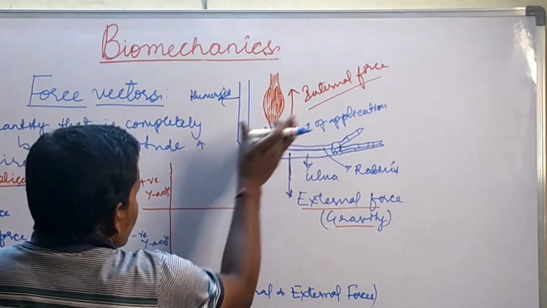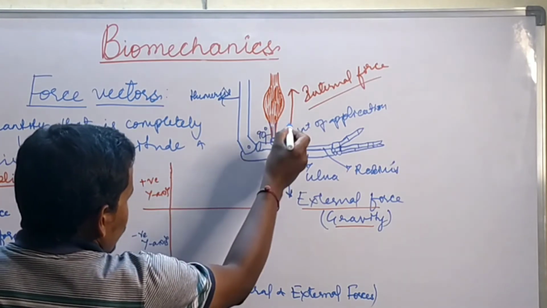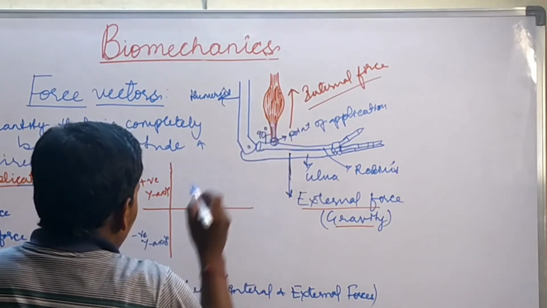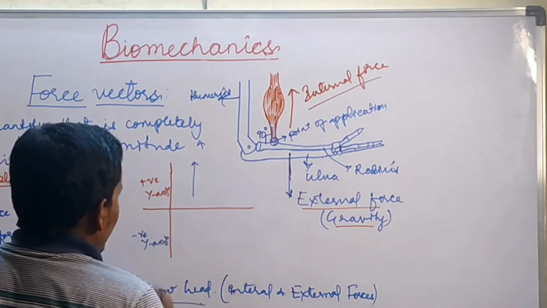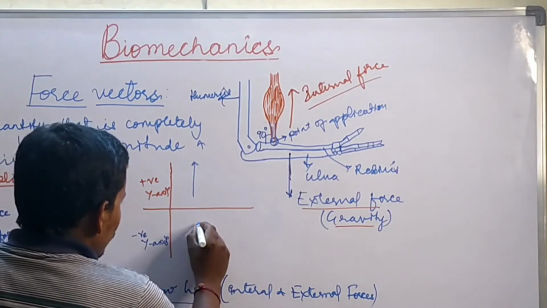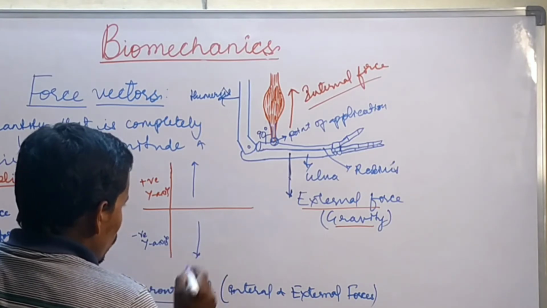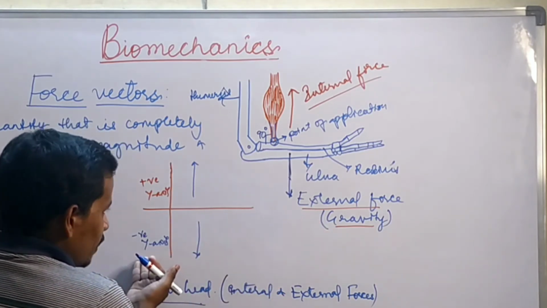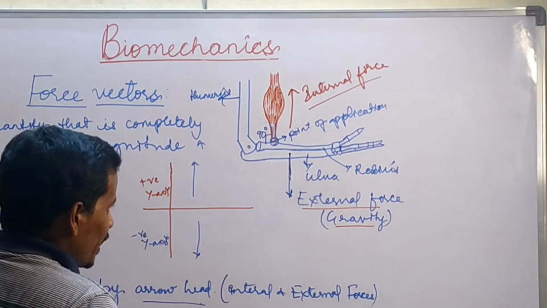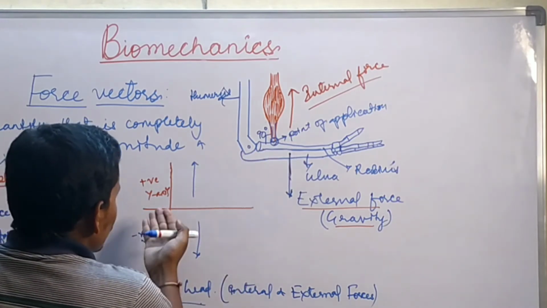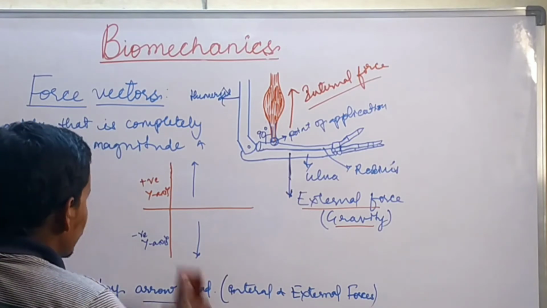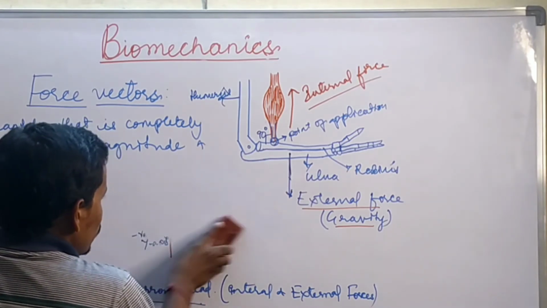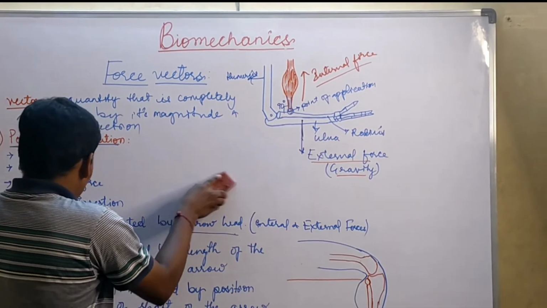Now, this internal force in this example is acting in the upward direction. So the external force is acting along the negative y-axis, and the internal force is acting along the positive y-axis. Okay guys, this is all about the direction of the force vector.